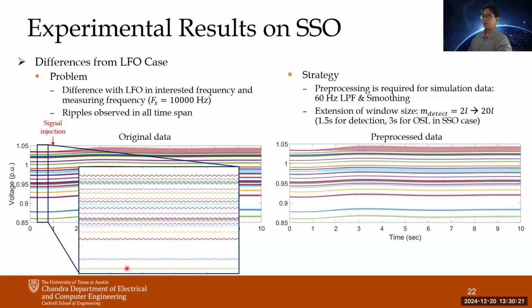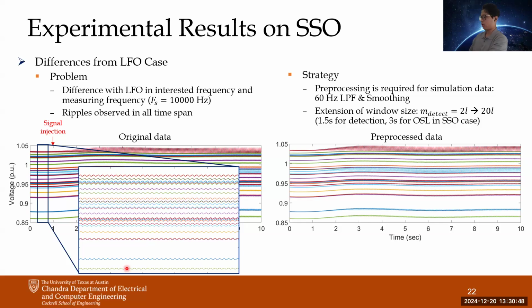And we assumed that only the voltage magnitude and phase angle measurements of the line are available. So I think there are two problems in the subsynchronous oscillation case compared to the low frequency oscillation case. We assume that these measurements come from the advanced metering infrastructure, so the measurement has a very high measuring frequency, about 10,000 Hertz.